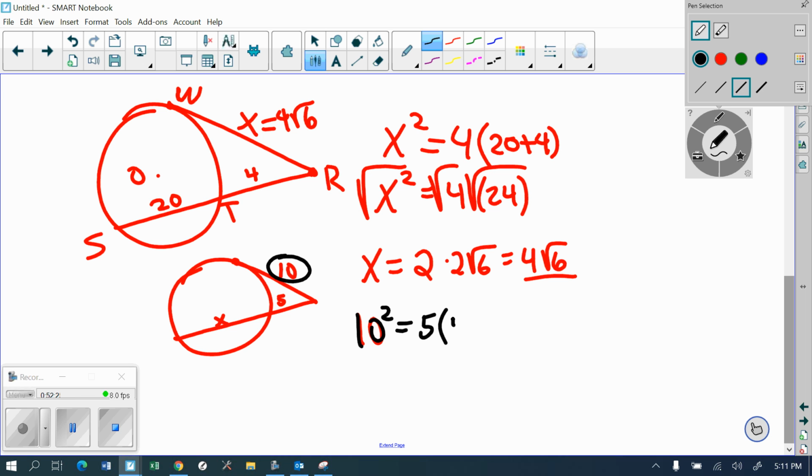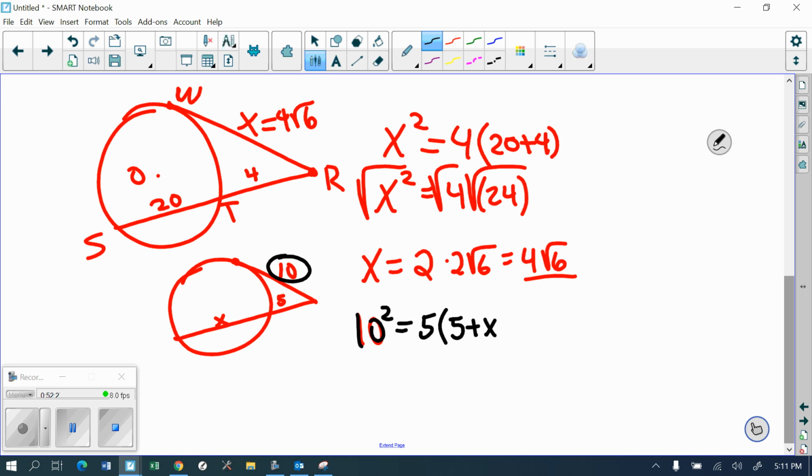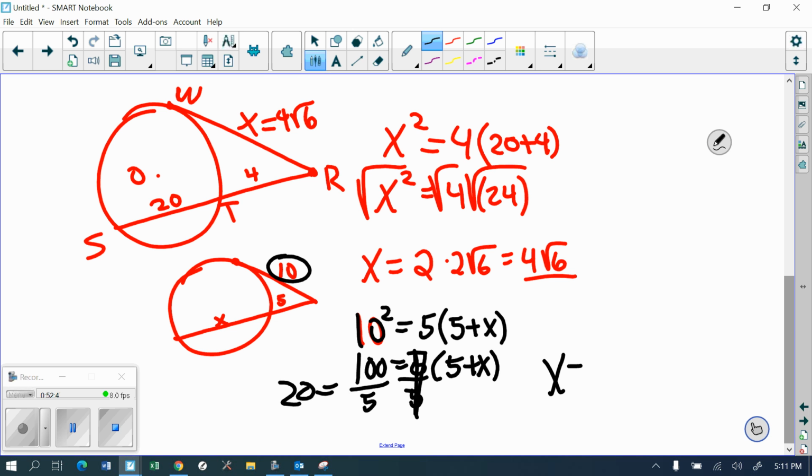Now what's the whole? The whole length is 5 plus x. So now I have 100 equals 5 times the quantity 5 plus x. I don't need to distribute. I can divide by 5 right away to be smarter. So I get 5 plus x equals 20. 5 plus what equals 20? X equals 15. And that'd be my answer.